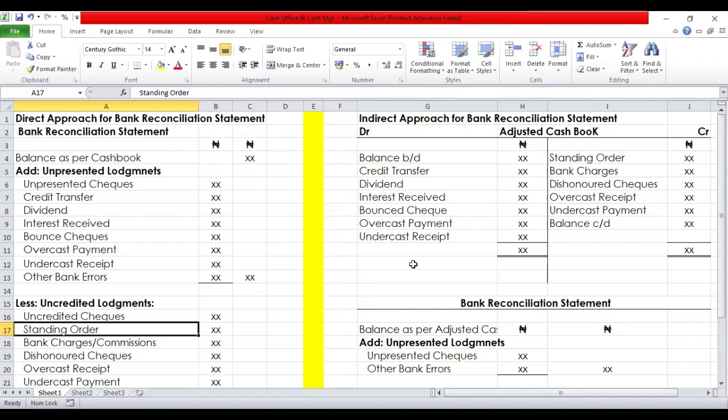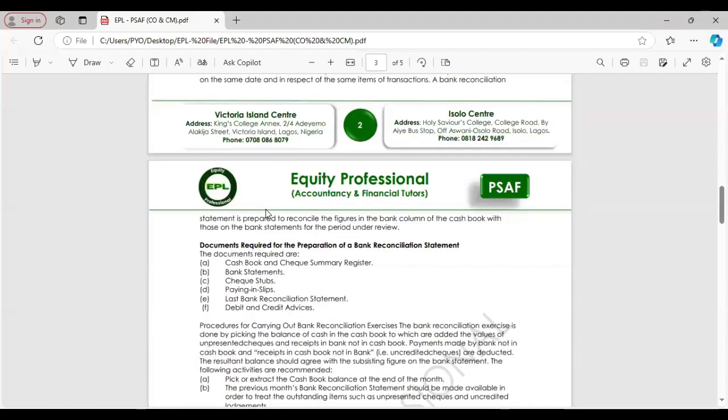Now, on that note, we can now look at it. Let's go back to where we are coming from before we get to this level. Let's go back to that drawing board. We now move from there back to where we have all those documents required for preparation of bank reconciliation statements. What are those documents?